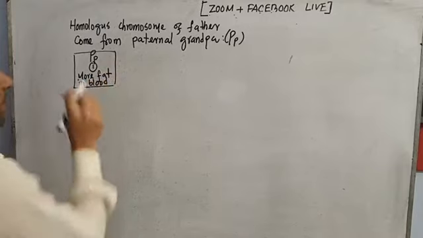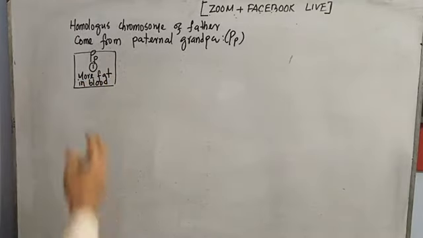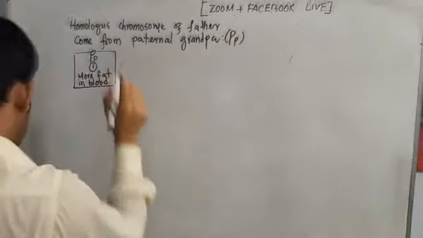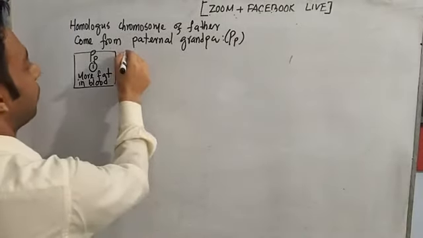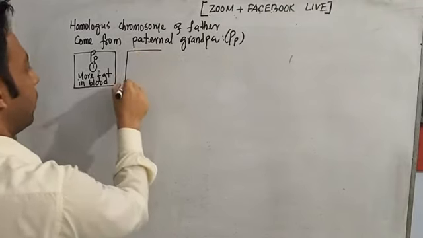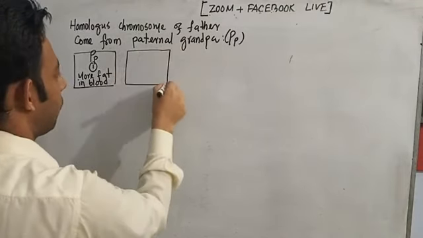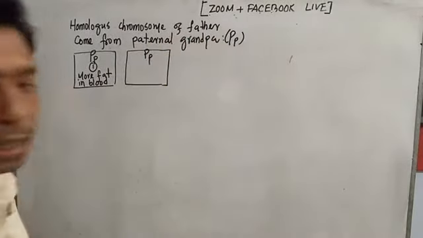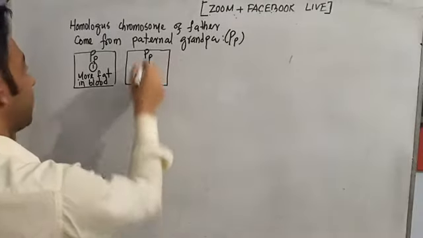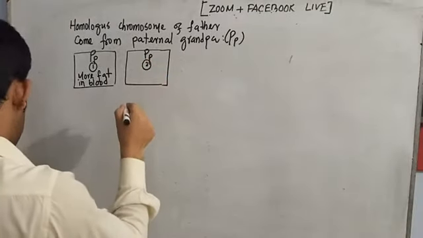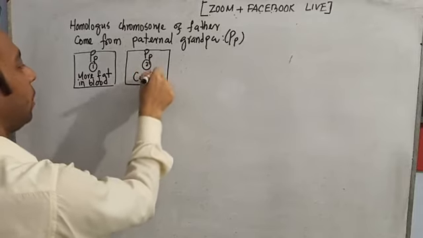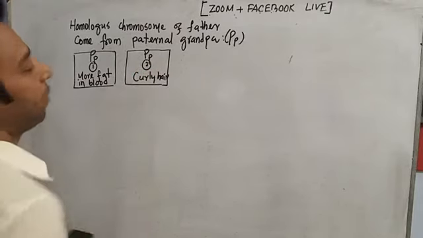I write little, but I tell you we can write because I need to write many things here on the board. Then the second one is PP2. These features directly come from the paternal grandpa. The second one is curly hair.